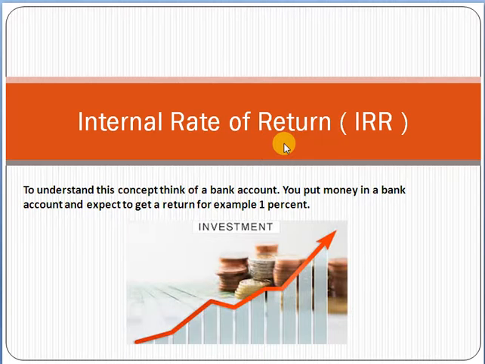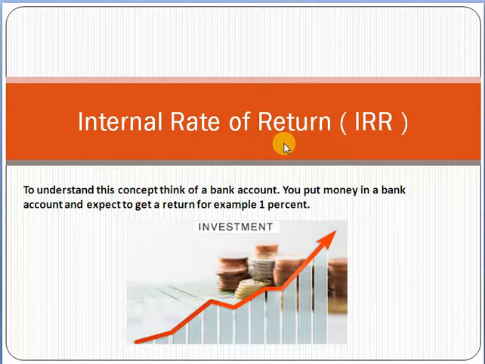Try to understand again the same example: you have deposited $1,000 in a bank account and now you are expecting 1% after 1 month from your investment. So 1% is the return on investment.